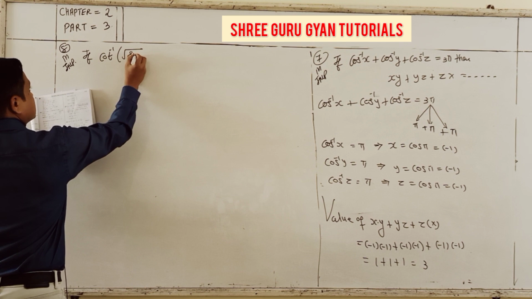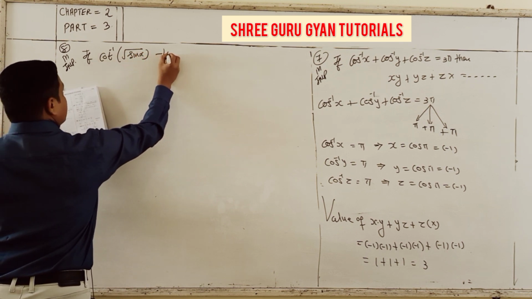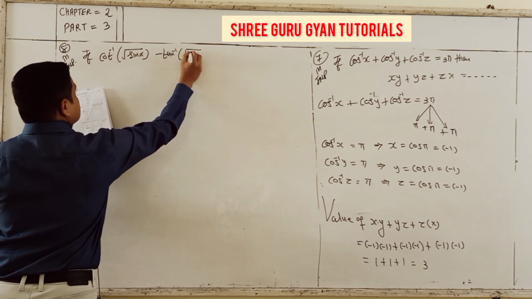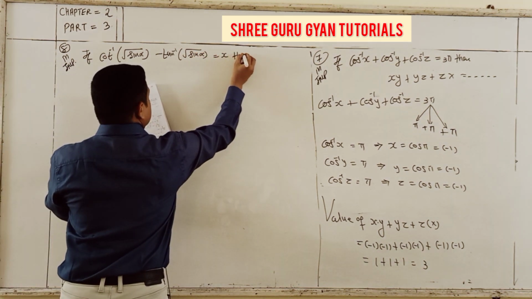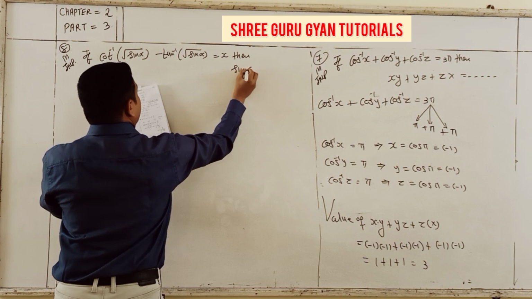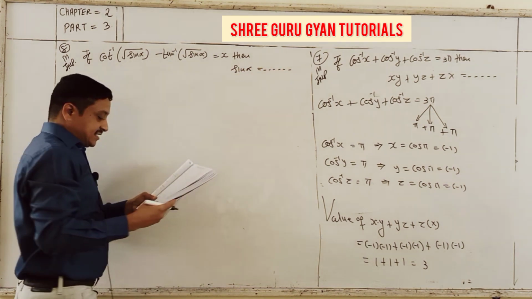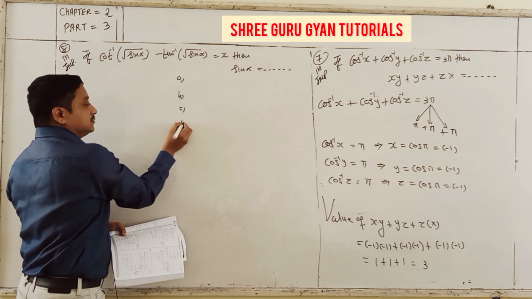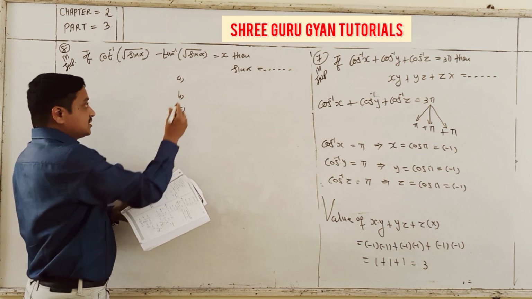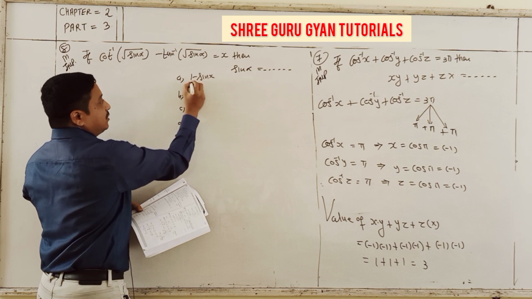Cot inverse of sine, tan inverse of root sine alpha is equal to x. Then sine alpha becomes dash dash dash. Students, here you write down the options also. This is helpful for determining your answer from the options.